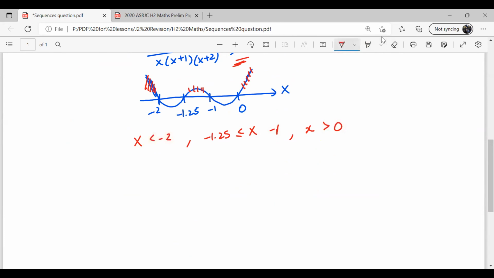And then after that, equal sign only for negative 1.25, because the rest all cannot be 0. Okay, so this will be the answer for part 1. Okay, Ken, good.